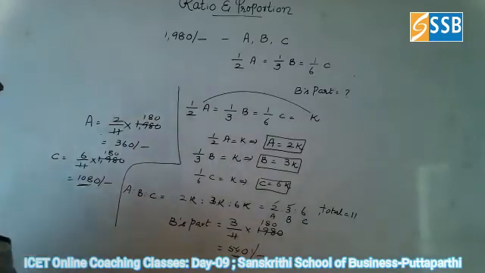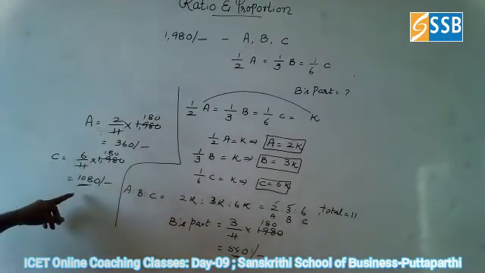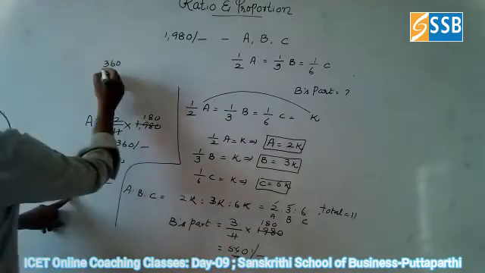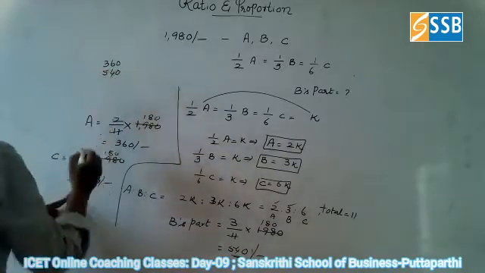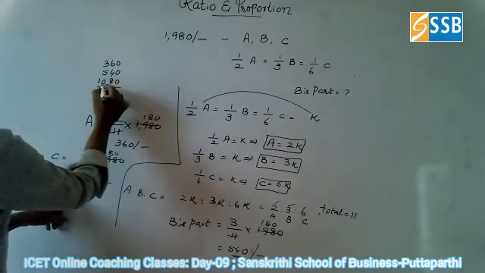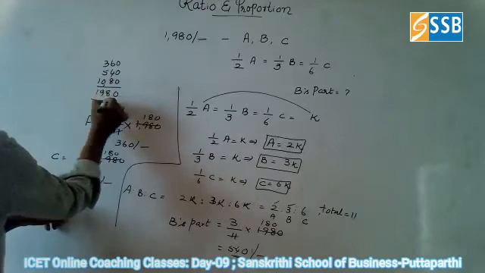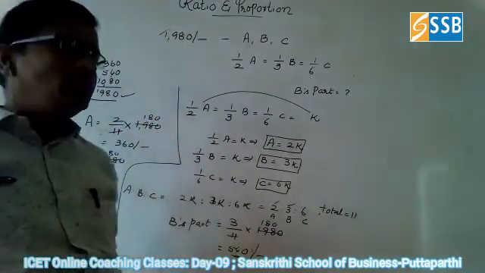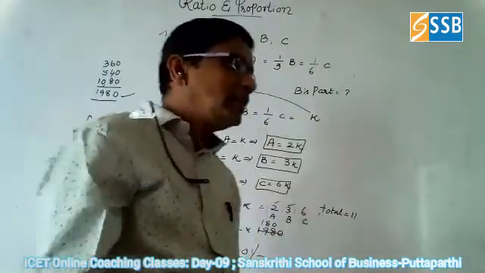Now you just add all the three, you can get the answer. So A's part is 360, B's part is 540, C's part is 1080. If you add them, you get 1980, both are the same. So that's why our answer is correct.